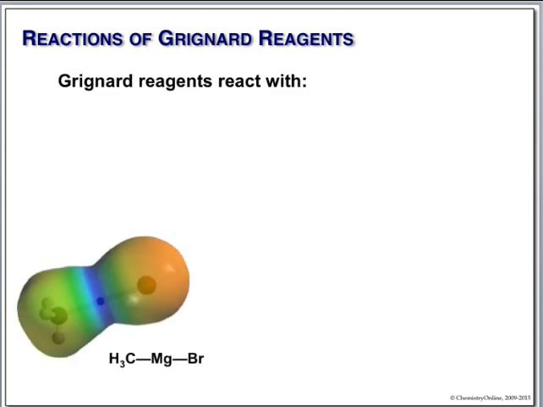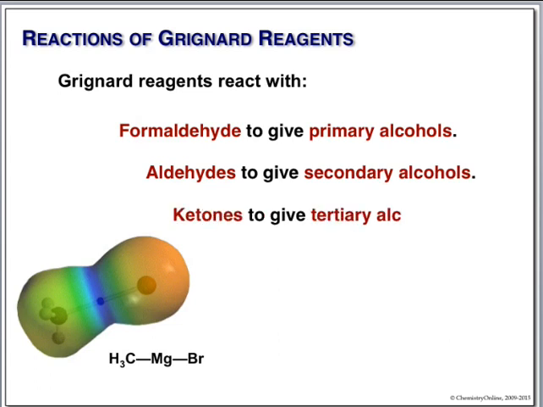Grignards are very, very powerful. If we were to react a Grignard with formaldehyde, we would get a primary alcohol. If we do this with an aldehyde, we get a secondary alcohol.